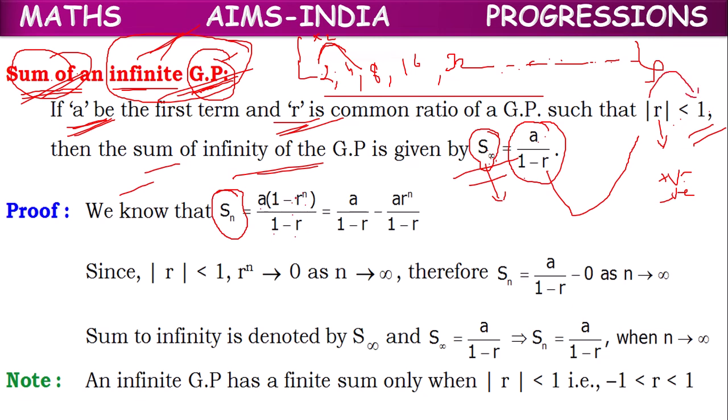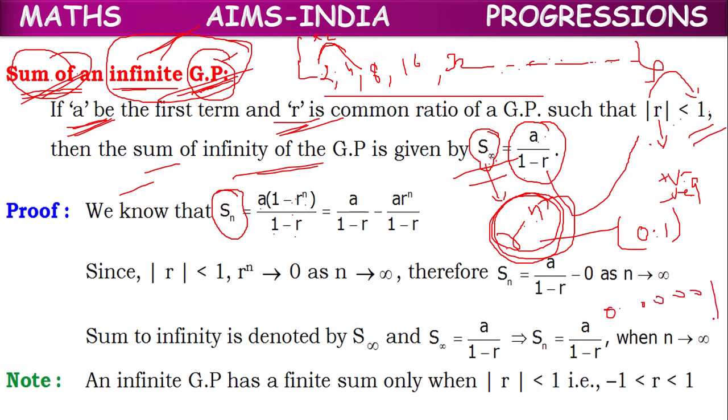As r is less than 1, this r power n value is negligible, because r is less than 1 means it is already a decimal. Suppose 0.1, and in the place of n we have 9, 0.1 whole power 9, then it will become 0.00000 something 1, whose value is negligible compared to 1.